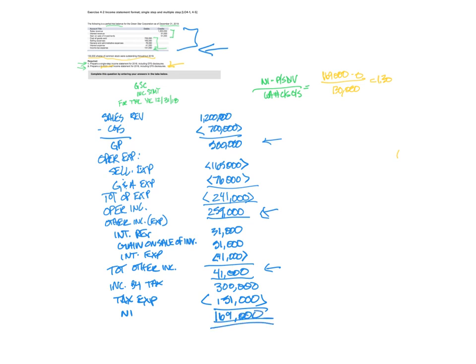Give it a double underline because it's a final calculation. And we'll include in here our BEPS. We don't have to calculate this again. We did it last requirement. It's still going to be 1.3 because our net income doesn't change. Regardless of the format that we use, our net income itself is still going to be the same.